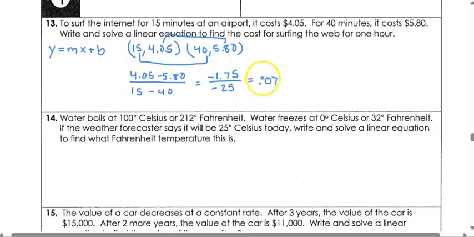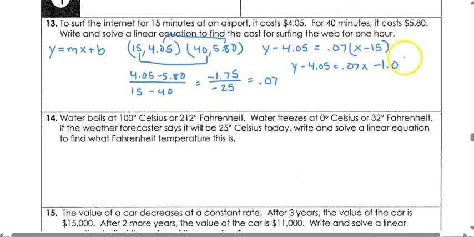All right, so then my equation would be, sorry, we're going to do point-slope form. So y minus y1, which is 4.05, equals the slope, which is 0.07, times x minus x1, which was 15. All right, so I have y minus 4.05 equals 0.07x minus 1.05.